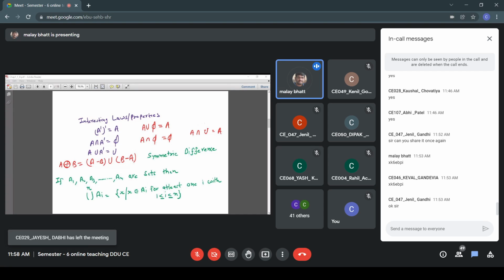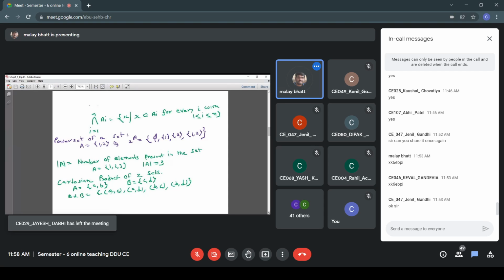Similar to that, we can write the intersection of all the sets. We write i equal to 1 to n, A of i, which is equal to {X | X belongs to A_i for every i in the range 1 ≤ i ≤ n}.